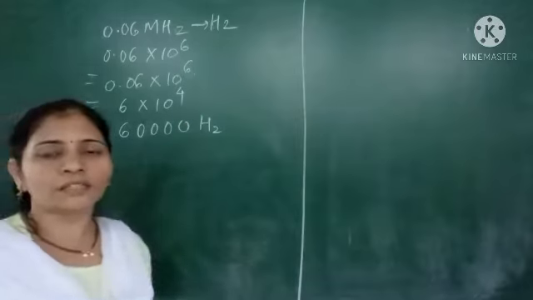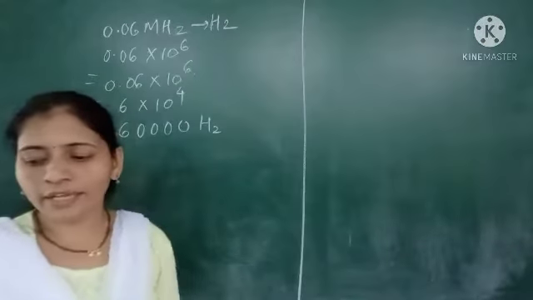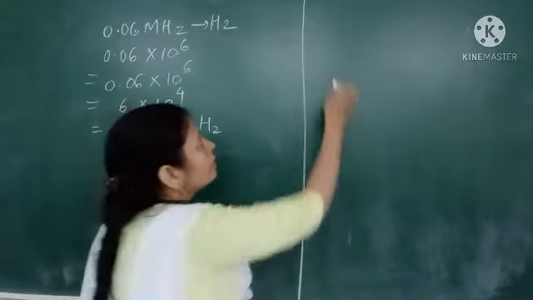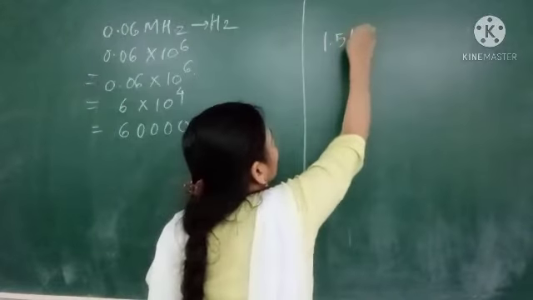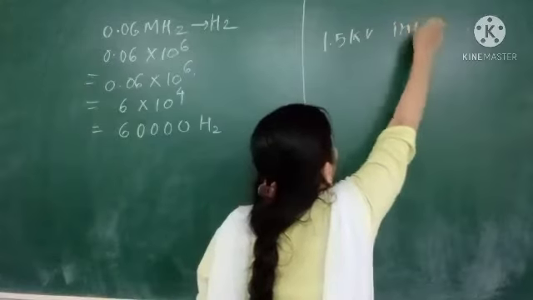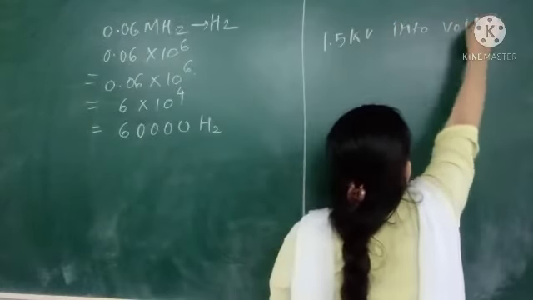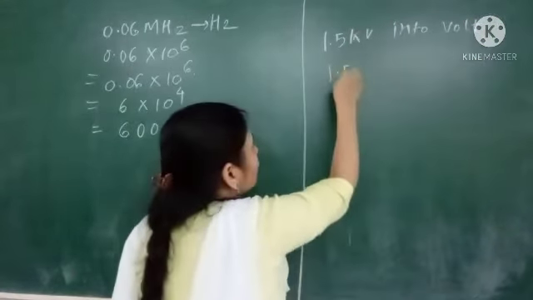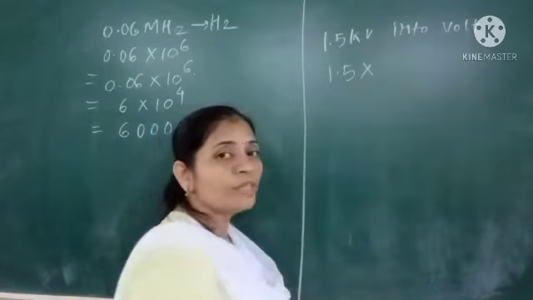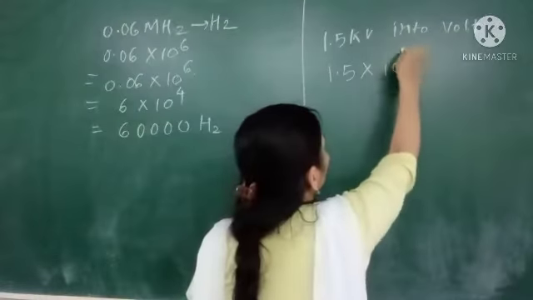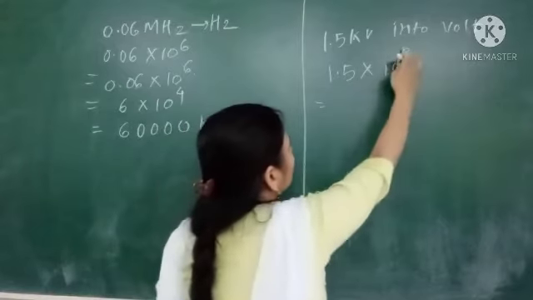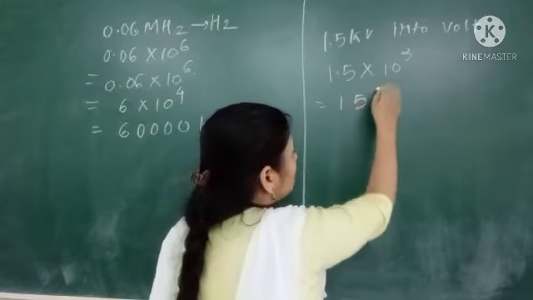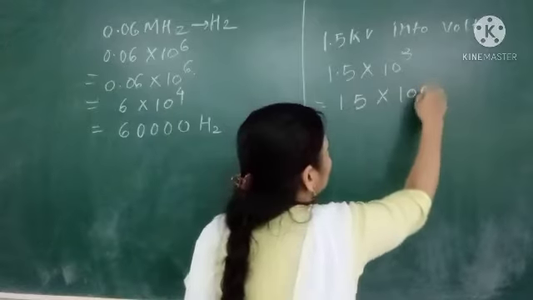And this is in hertz. Now take another example, that is 1.5 kilovolt into volt. So how can we convert this? This is 1.5 into kilo. Kilo means 10 raised to 3. So what we have to do here? 1.5 into 1000.